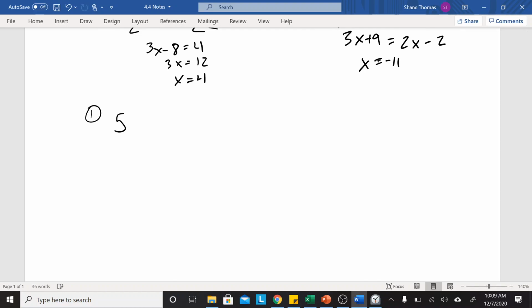First one, 5 to the 3x minus 6 equals 125. And we'll also go 8 to the x plus 2 equals 4 to the x minus 3. All right, try those two, please.